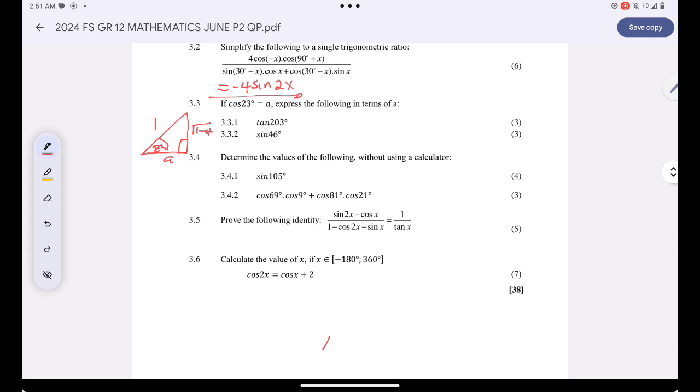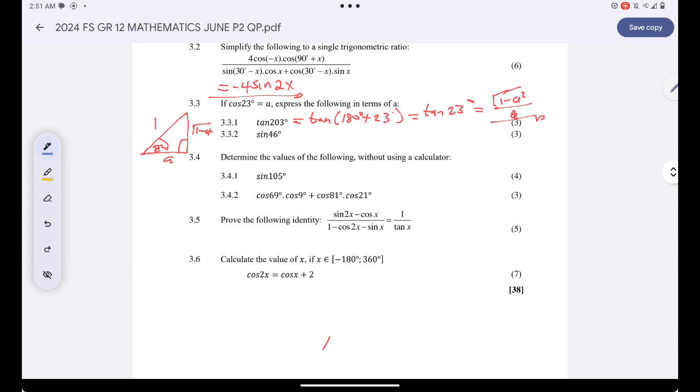Okay, they want us to find the tan of 203. Firstly, we must reduce the angle of 203. This is 180 degrees plus 23. We'll get a positive tan 23. Tan 23 is always opposite over adjacent, so it will be root of 1 minus a squared over a. This will be the value of tan 23, right?